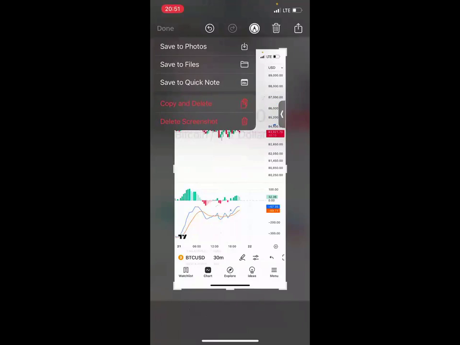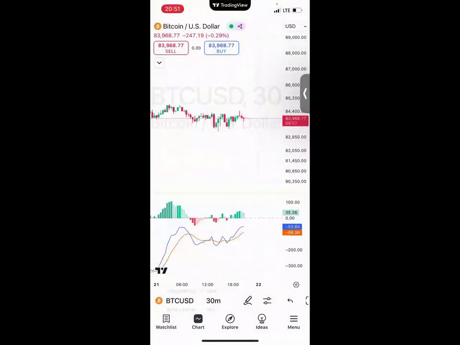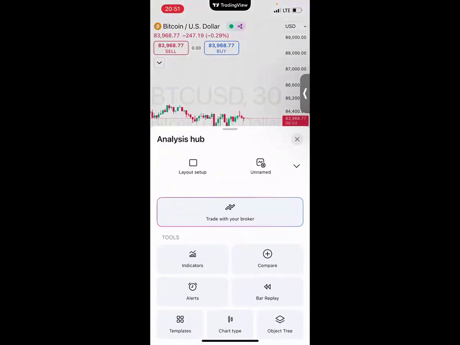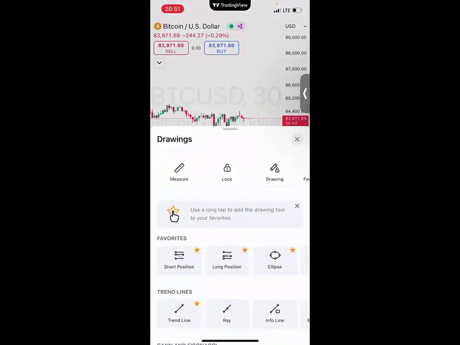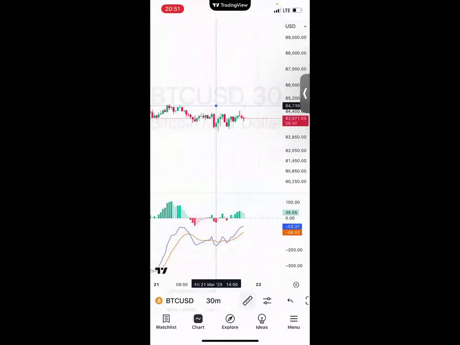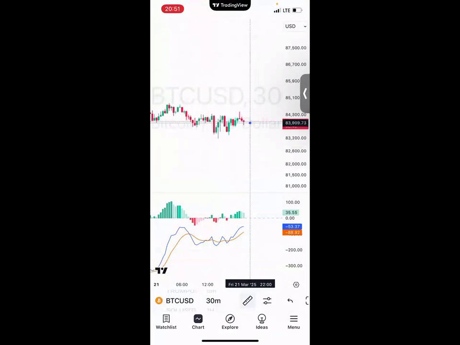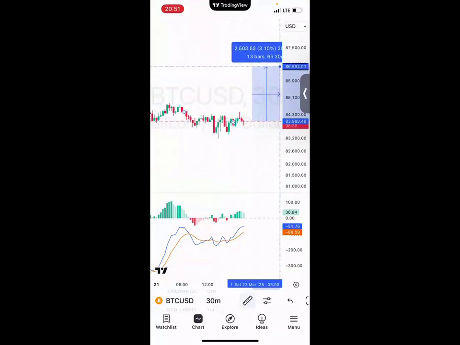So for example, if I come to this place here, I pick the ruler tool, right? And I measure from here, from this current price, up to 86,000, you can see it's 2.6%.